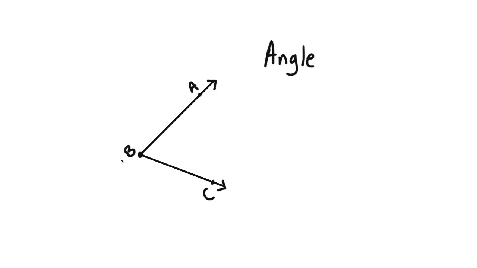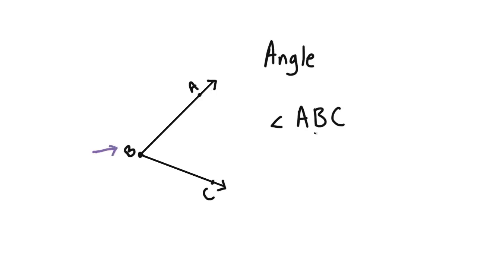Now when you have the union of two rays with the same endpoint, then you create an angle. For this particular case, we can write this as angle ABC. And we call the endpoint, in this case B, the vertex.